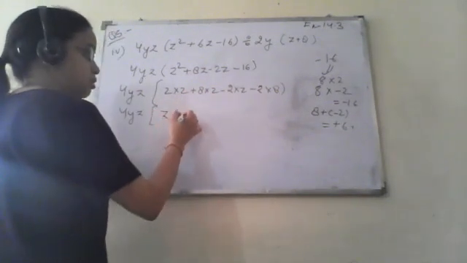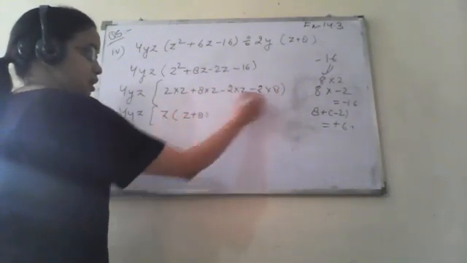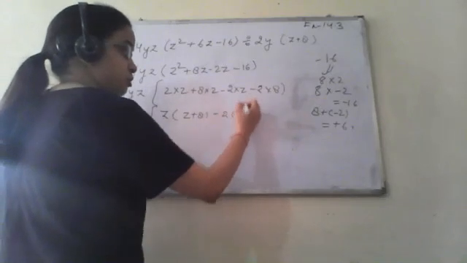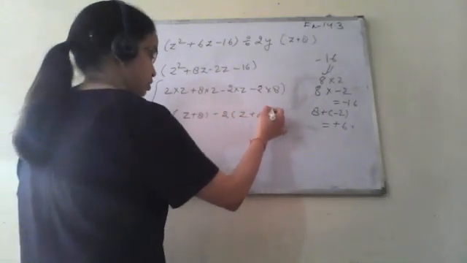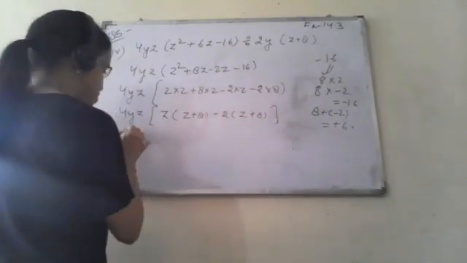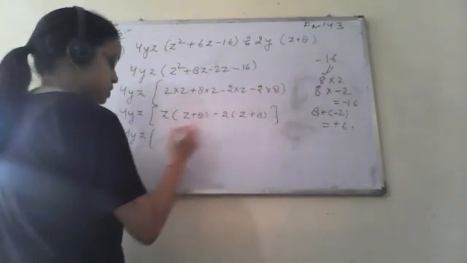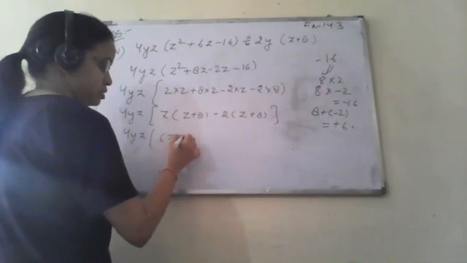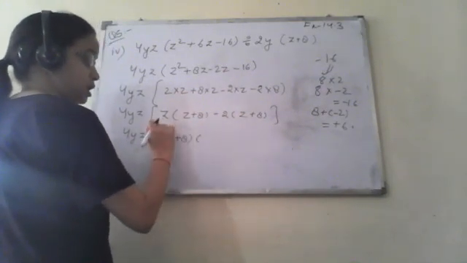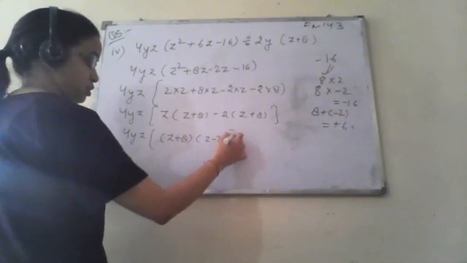Here z is common, so z plus 8. And here we are taking minus 2 common, so it will become z plus 8. This is 4yz, z plus 8, z plus 8. This is z plus 8, and in the bracket we have z minus 2.